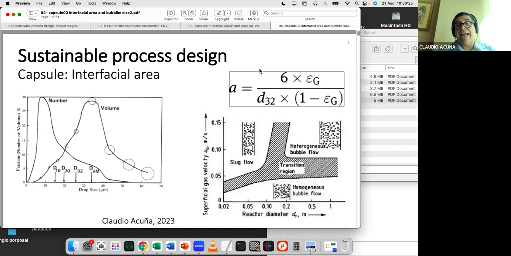So mass transfer allows you to control the interface and the Reynolds number, the mixing, and you can move from hours to seconds. And actually you will see this equipment, which is the spray dryer, when you produce powdered milk from fresh milk, with a residence time of 5 seconds.